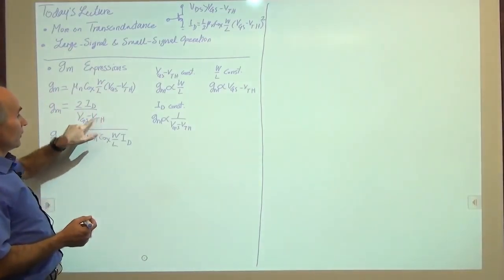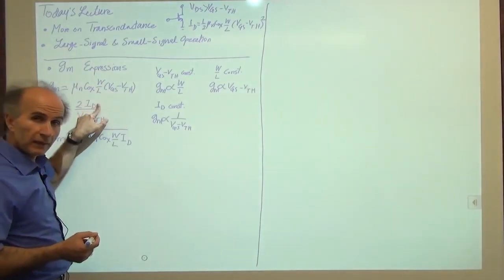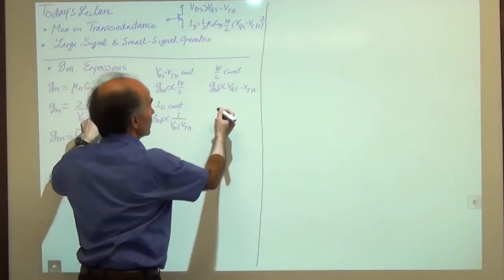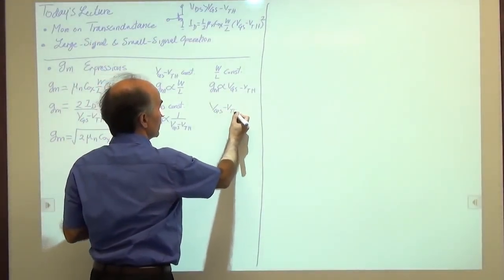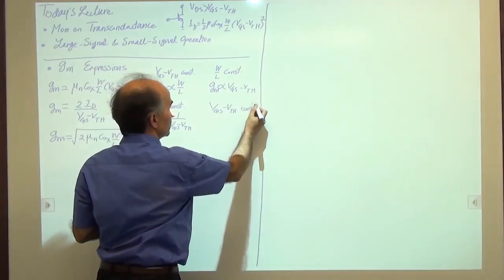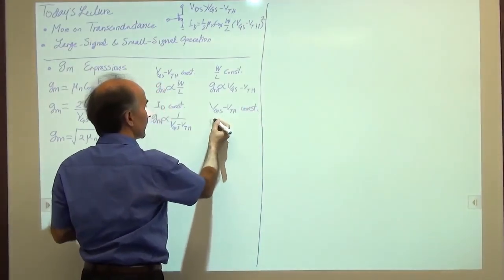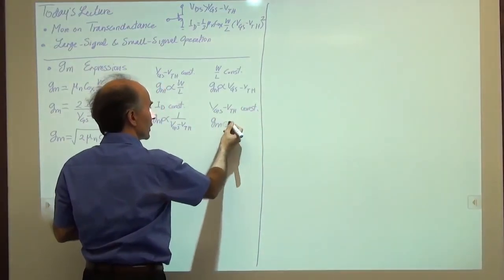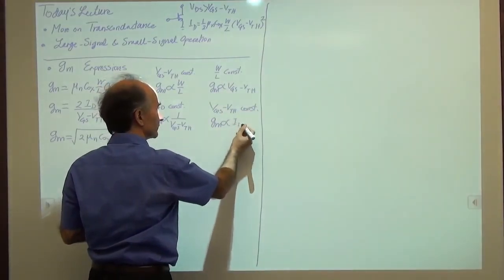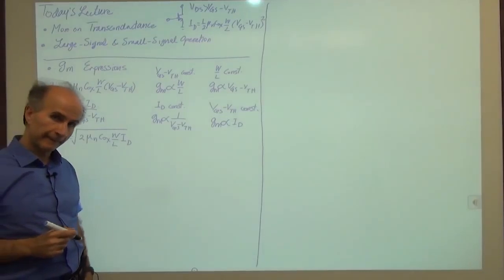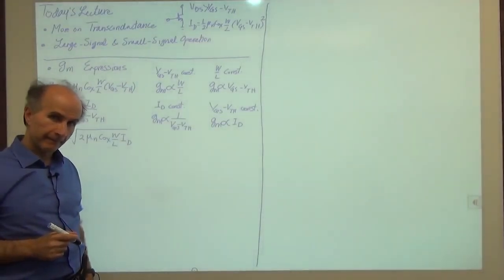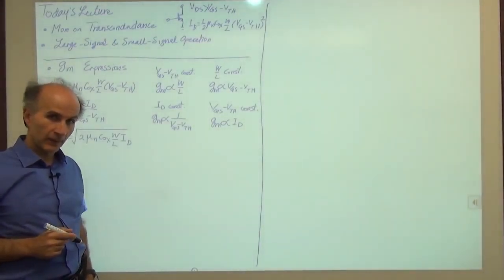Okay, now let's consider the other case. Let's assume that the overdrive is constant, but ID is changing. So VGS minus VTH is constant, and then that means GM is proportional to ID. All right. What does this mean?